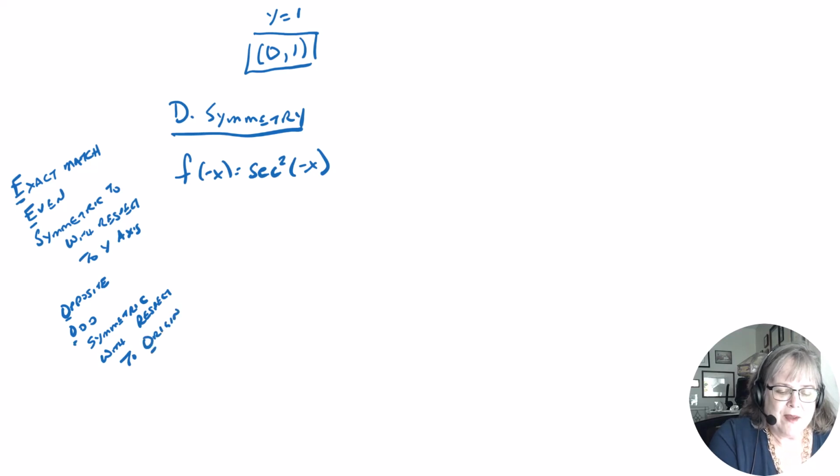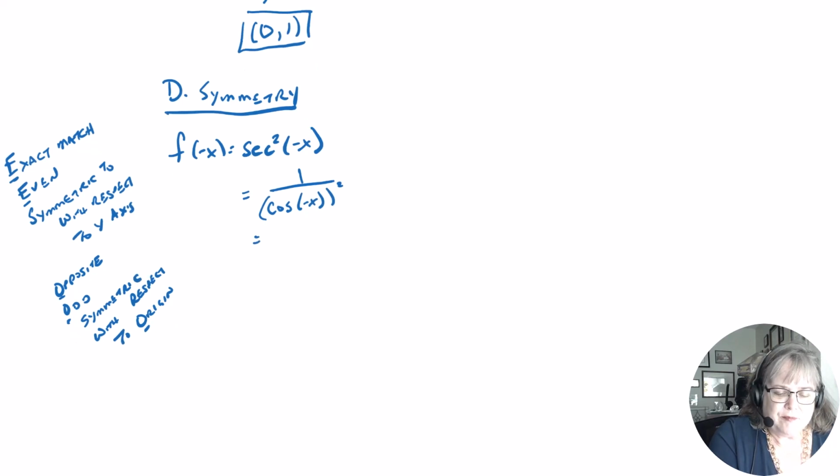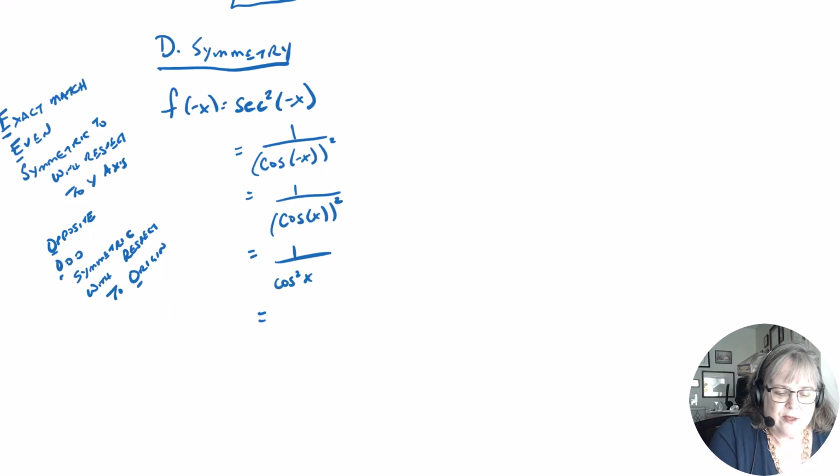All right. So in case you're like, I'm not sure what secant's doing, this would be asking you what 1 over cosine squared of negative x is doing. And you remember from trig, there was an identity that said if you have the cosine of a negative angle, it's the same thing as the cosine of the positive version of that angle. So this is 1 over cosine squared x, which is secant squared x.